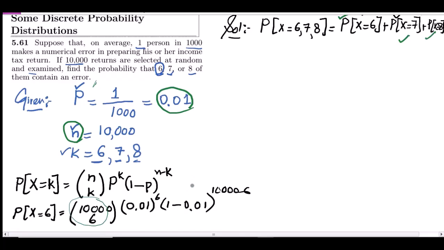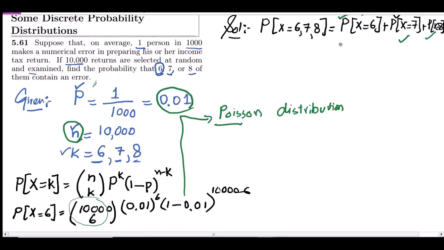So instead of using the binomial distribution, the binomial distribution converges to the Poisson distribution. This is the Poisson approximation, the case where a binomial distribution converges to the Poisson distribution.